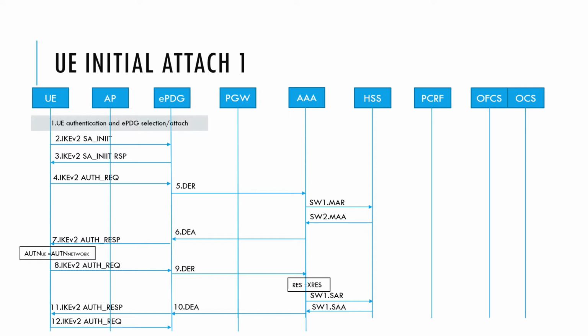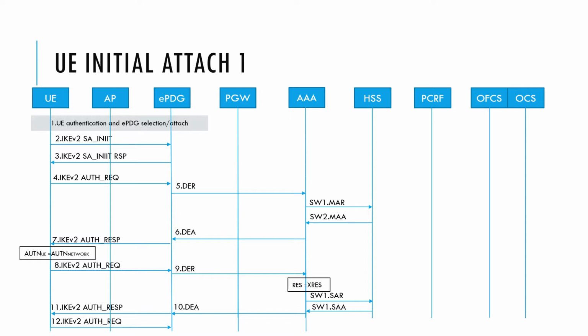But still our UE needs to be authenticated by the network. For that purpose, the UE is sending a response by using certain algorithms. It is calculating a response, which is the RES, and it is sending back that response in the IKEv2 auth request message. Now it reaches the EPDG.